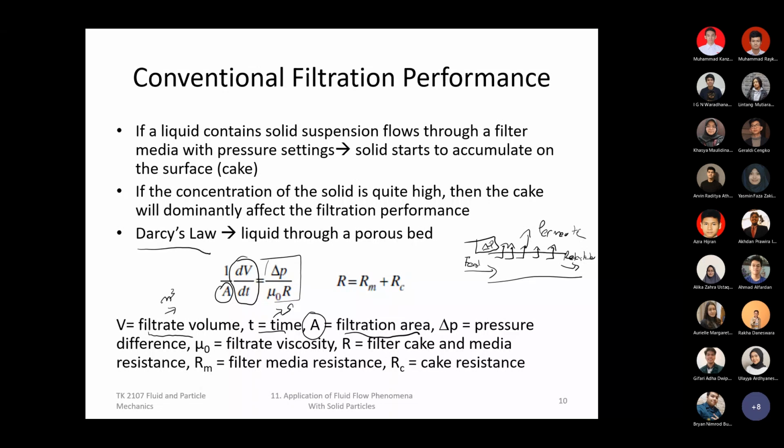So in all of the filtration calculation, we must talk about the pressure drop, because actually that's the driving force of the system. If there is no pressure drop in the system, then I will bet that the permeate flux will be zero. There is no way the feed can go through this very small pore size.